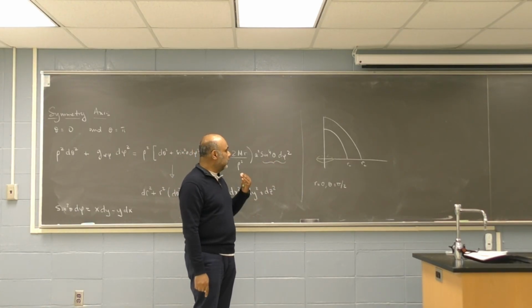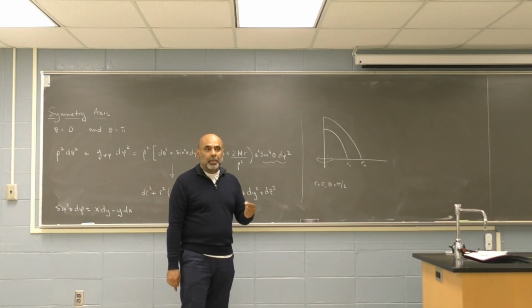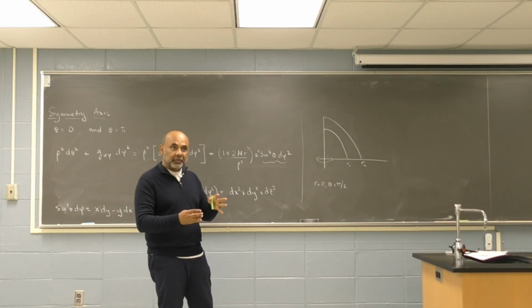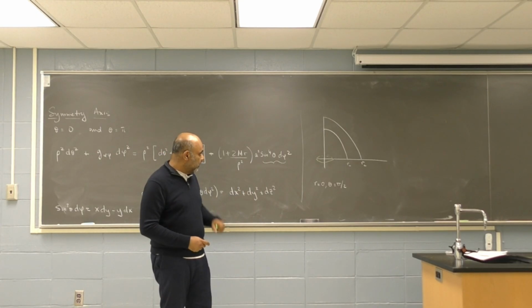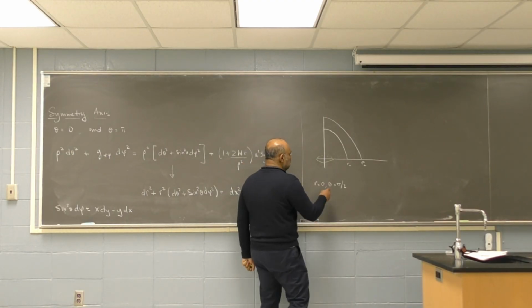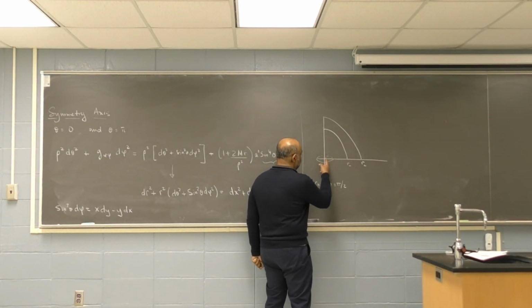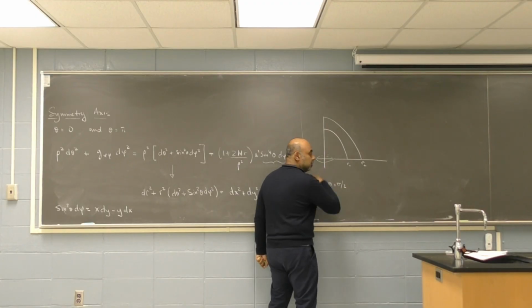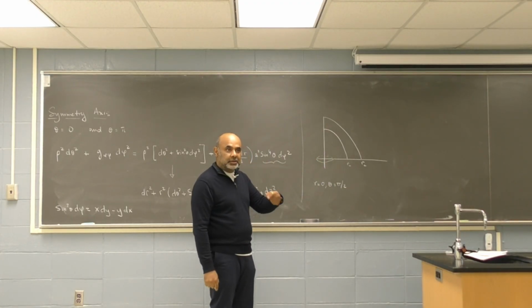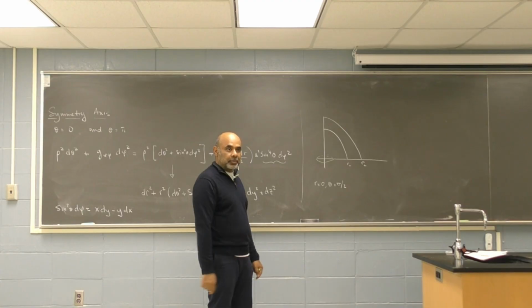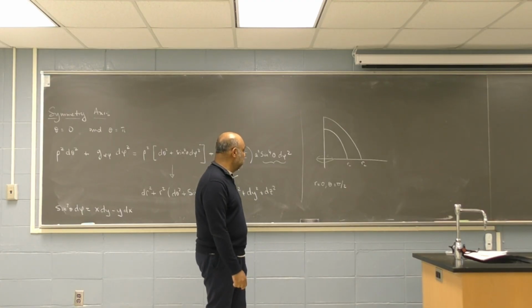This suggests that r equals 0 is not one point. It has a feature to it. So remember the length of this is 2 pi a, where a is the angular momentum per unit mass of the Kerr geometry.